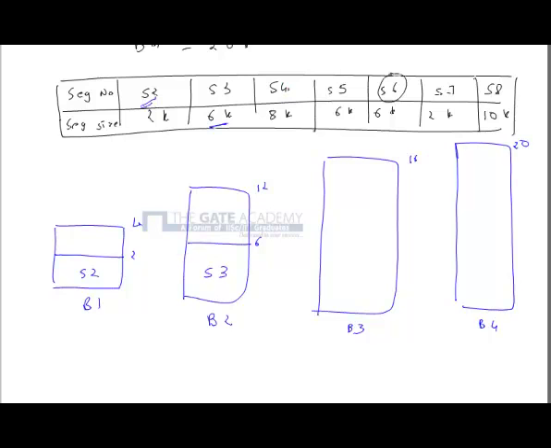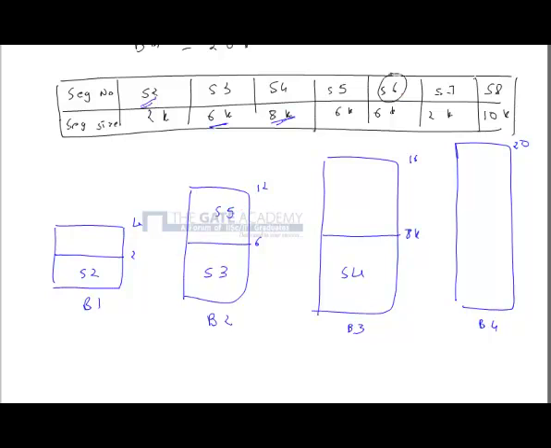Next is S4, which is having 8K, so it will be assigned to B3. Next is S5, it requires 6K, so here it will be assigned to B2.